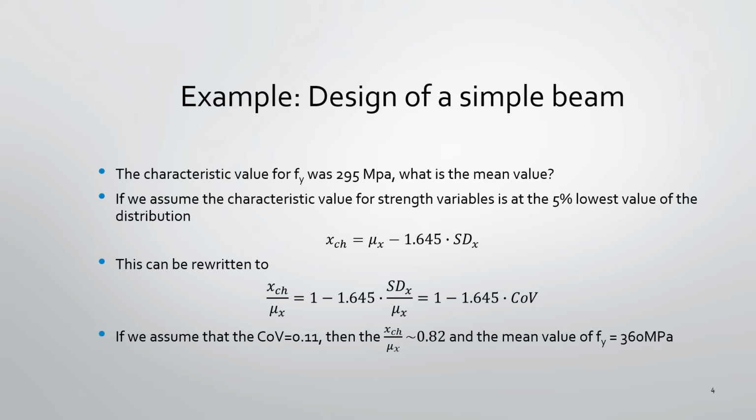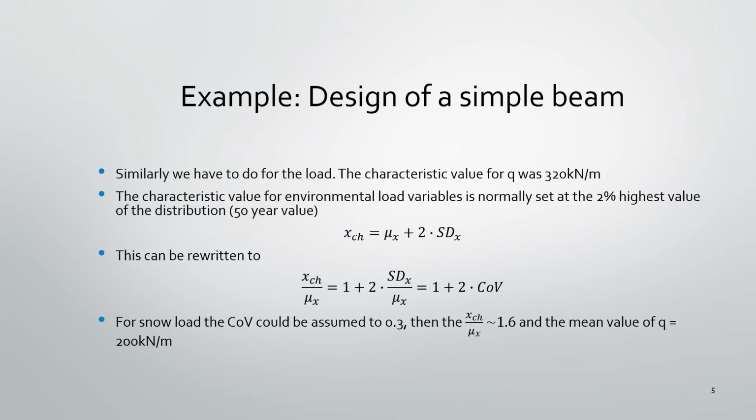And given that the characteristic value for the yield stress was 295 megapascal, dividing this by 0.82 gives a mean value for the yield strength of 360 megapascals. The standard deviation can of course then simply be determined by multiplying the mean value and the coefficient of variation to a value of approximately 40 megapascal.